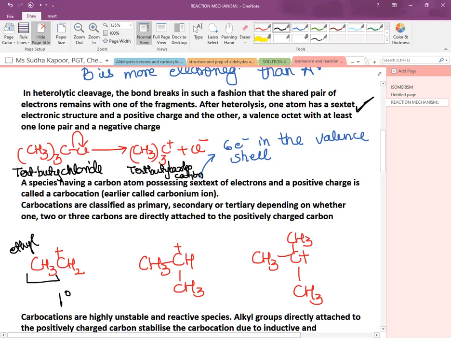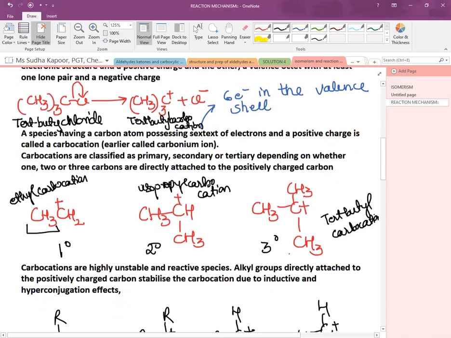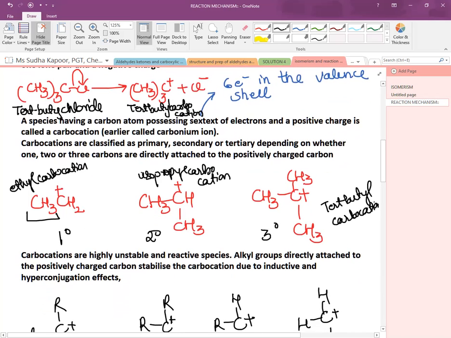Now the other one, which is the 2 degree, is the isopropyl carbocation, and the last one, that is the tertiary carbon which is having methyl groups on 3 sides, is known as the tertiary butyl carbocation.